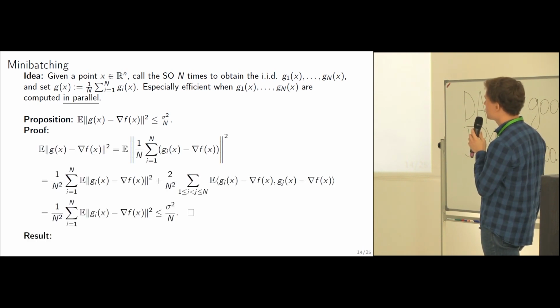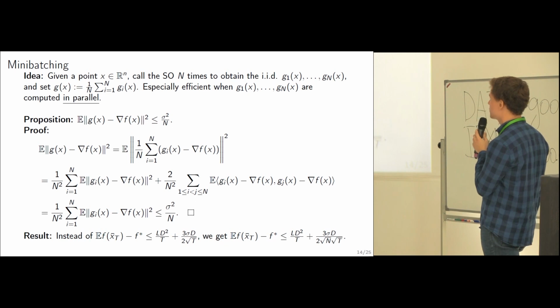The proof is quite simple. We simply open the square. We have these two sums, and because these g_i are independent, we can plug the expectation inside, and this cross term cancels. We obtain this, and the variance will be n times smaller.